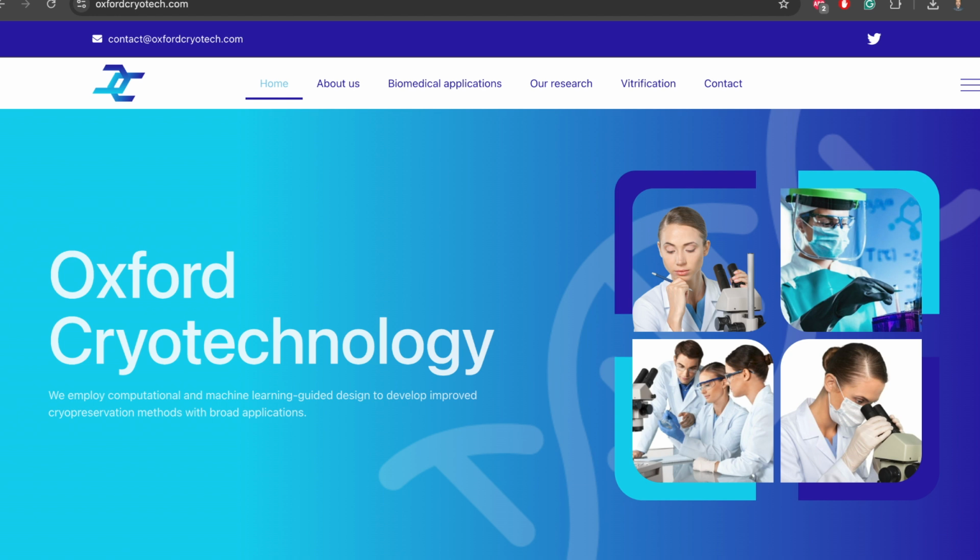Obviously, we need to generate data for this. So this is currently our main challenge: to generate data that can then inform the computational models in order to improve cryopreservation capabilities, potentially even leading to new kinds of cryoprotective agents.